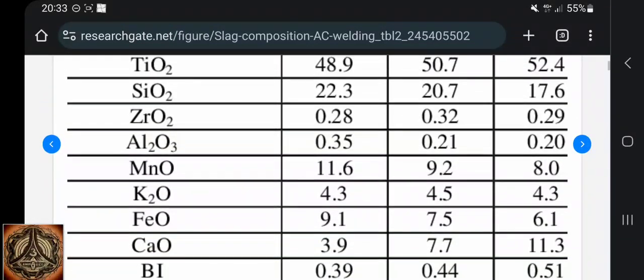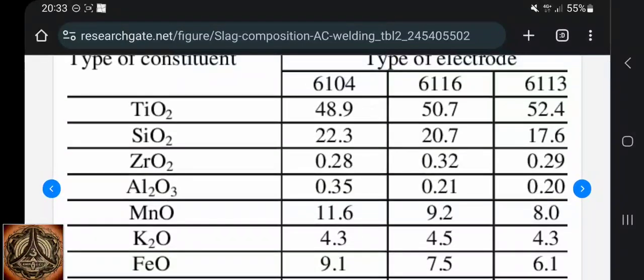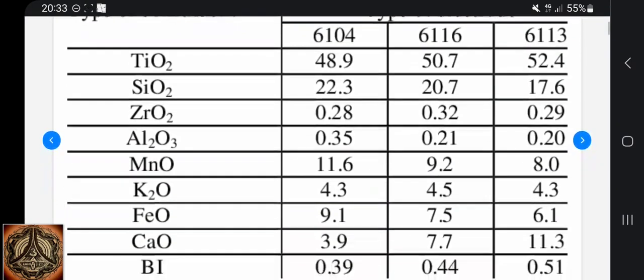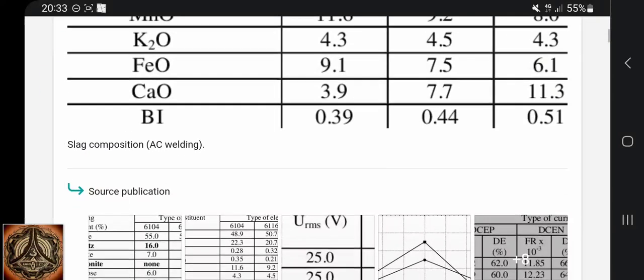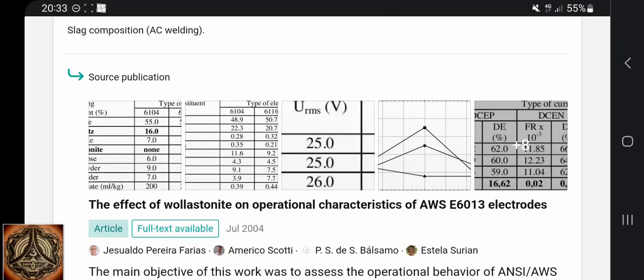I just watched this quickly before. I think it's titanium oxide and silica oxide and zircon oxide. Is Zr zircon? I don't know. Aluminium, manganese, potassium, iron, calcium, and so on. Yeah, maybe I have to check them out.